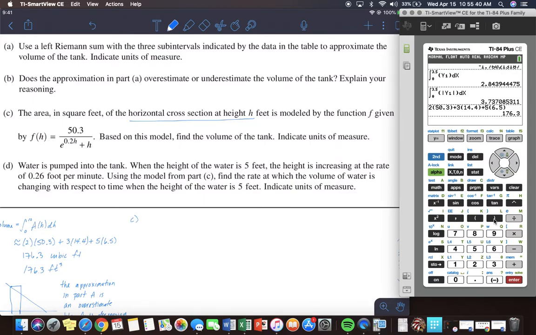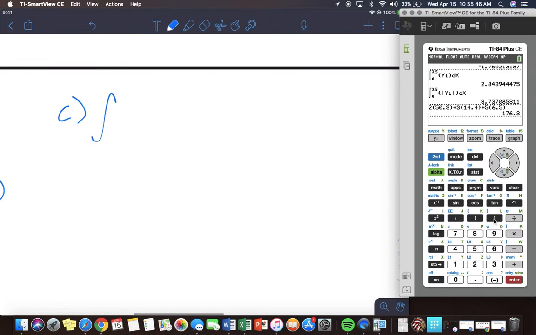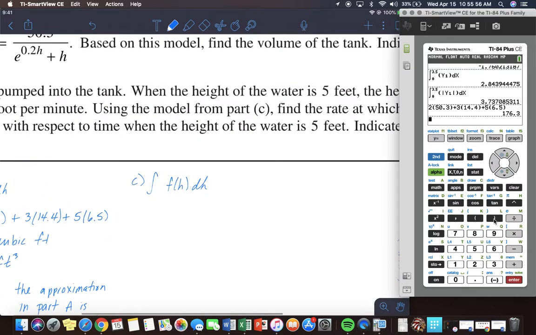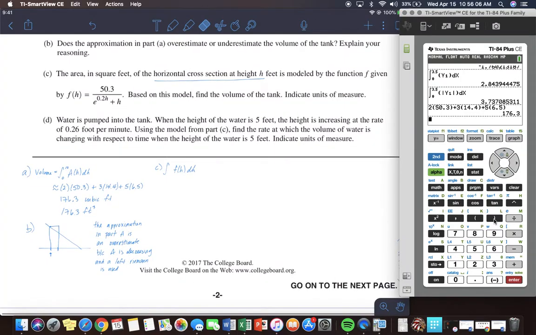And the way we add up an infinite number of cross-sections is just using an integral. So what we're going to do in part C is just take the integral of f of h dh, and we're going to use not necessarily the values of h given in the table, but this interval from 0 to 10. Okay, so my integral is going to go from 0 to 10.